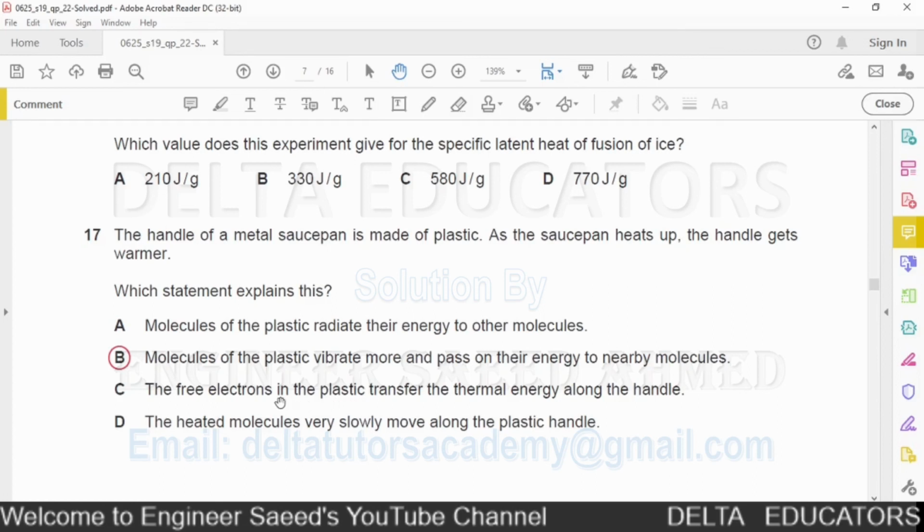Free electrons are present only in metals, not in plastic. Option D. The heated molecules very slowly move along the plastic handle. Molecules move in liquid, not in solid, and plastic is a solid, so option D is also not possible. The possible option is only option B. So correct option, option B.